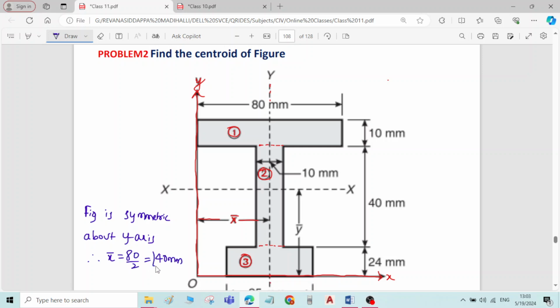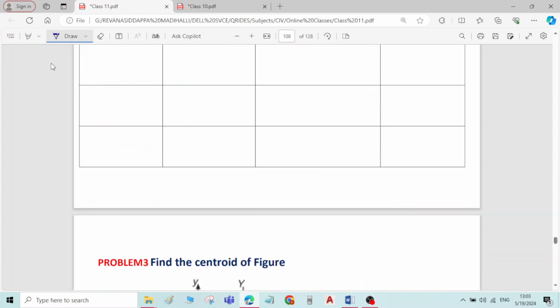Now we got the value of x bar. And if you check symmetry about x-axis, the figure is not symmetric about x-axis. So you have to find the value of y bar. To find y bar, we have the formula y bar is equal to sigma ay by sigma a.